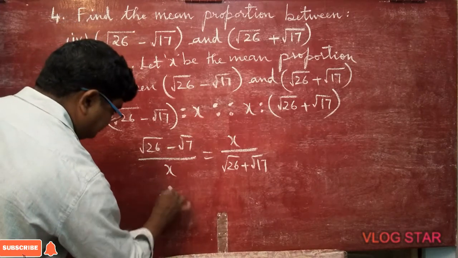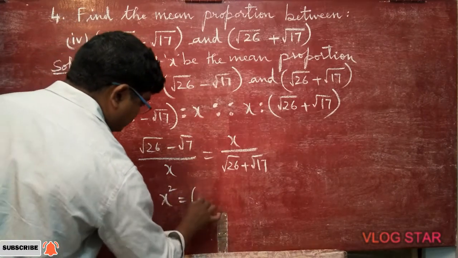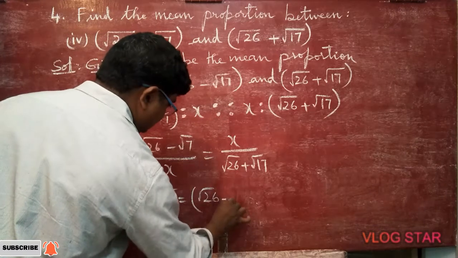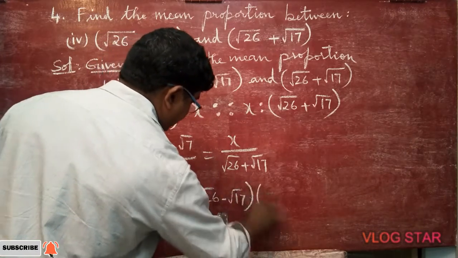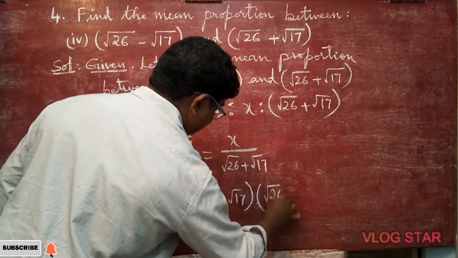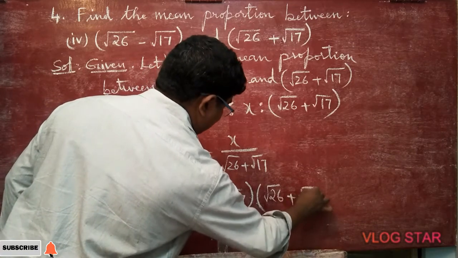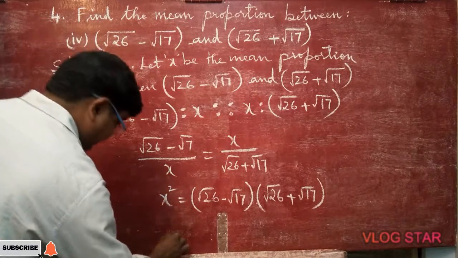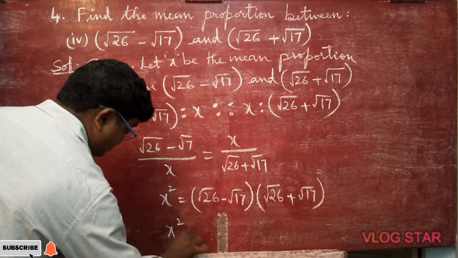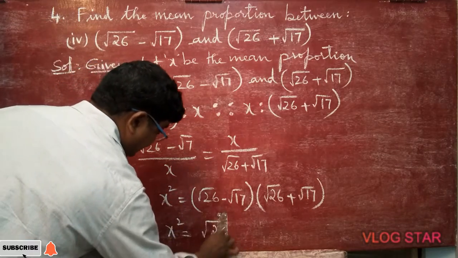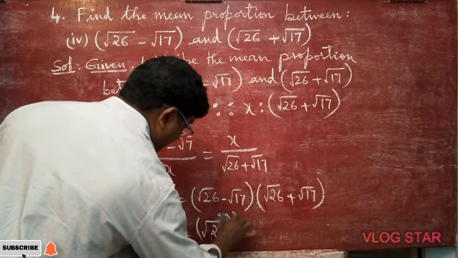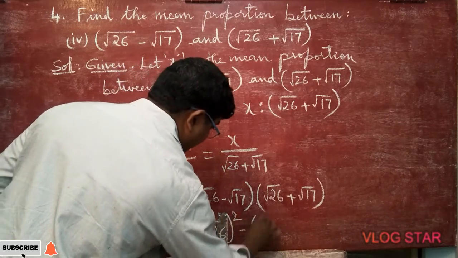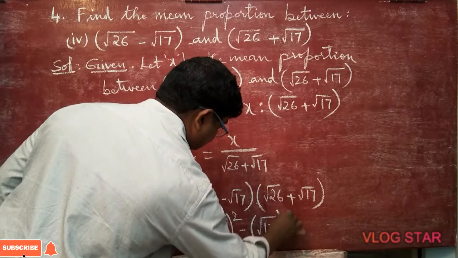x square is equal to root 26 minus root 17 into root 26 plus root 17. A plus b into a minus b form, a square minus b square. So x square is equal to root 26 whole square minus root 17 whole square.